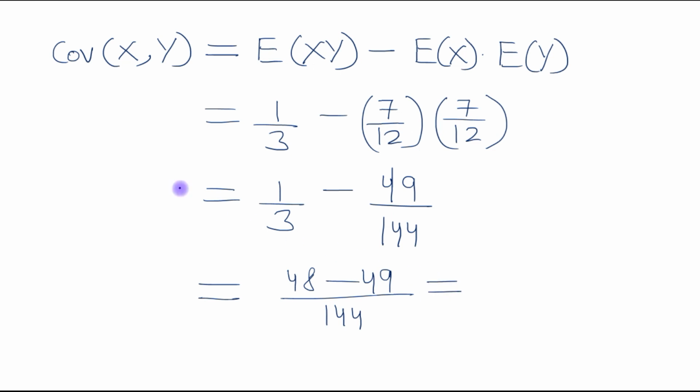So the covariance between x and y is minus 1 upon 144. Okay.